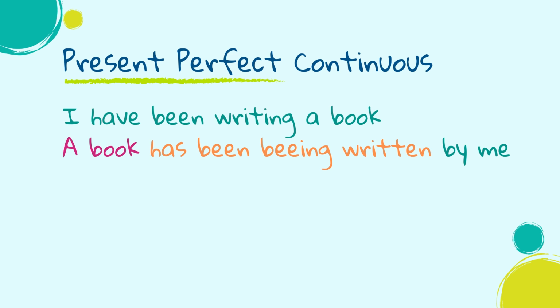But what we need is not only passive, but there is another thing that is continuous. So we put the word being. Oh my god, I put too many E right here. So it should be only one. So being written by me.